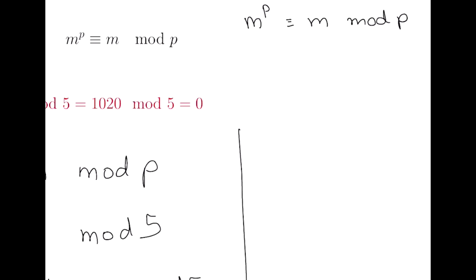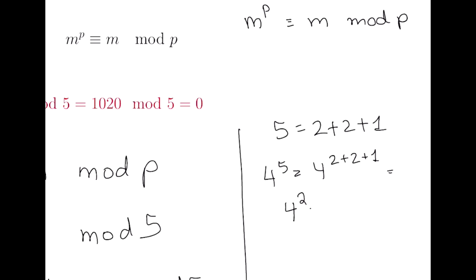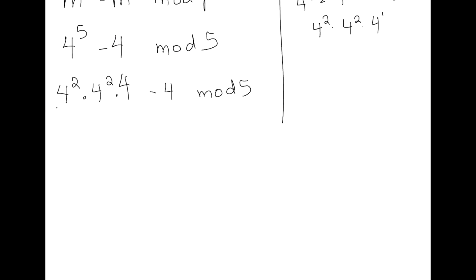So remembering that 5 is equal to 2 plus 2 plus 1, and if I have exponents, I can rewrite it into the sum, which is multiplication in the base. And 4 to the 1 is, of course, just 4. And so here, this is 16. And I know that 16 mod 5, well, that's 15 plus 1. And 5 times 3 is 15, so this is equivalent to 1 mod 5.